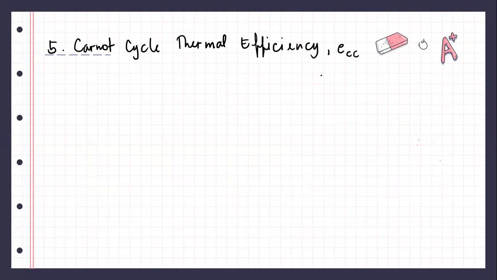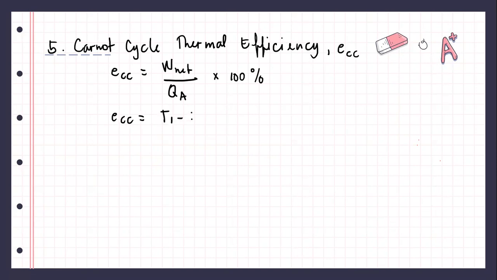Carnot cycle thermal efficiency, ECC is equal to network over heat added times 100%, or ECC is equal to T1 minus T4 over T1 times 100%.